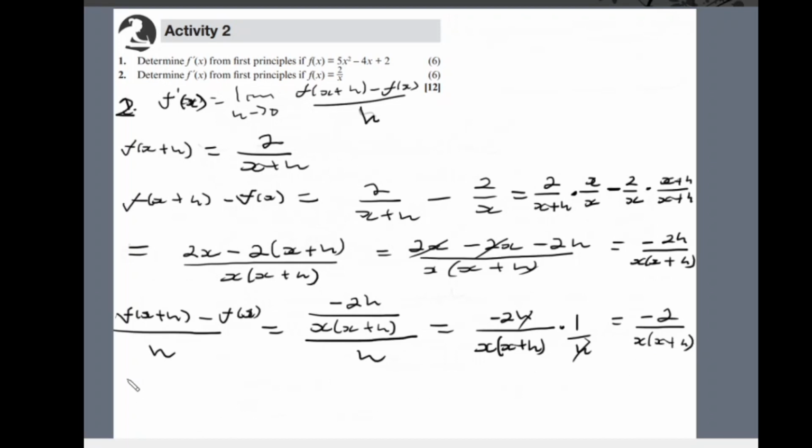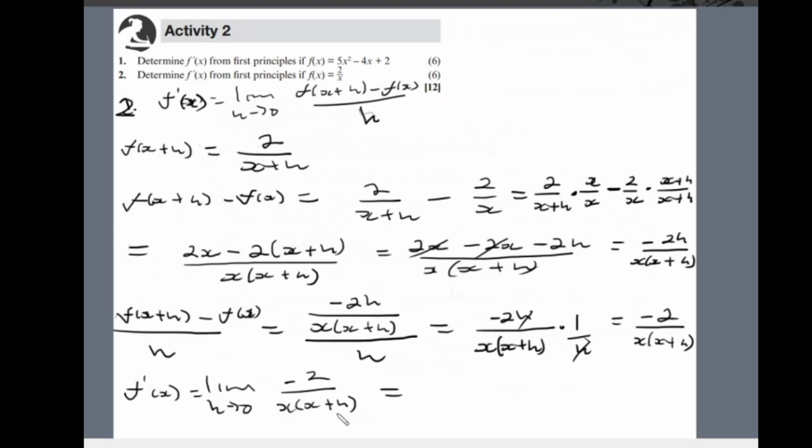So now we can go ahead and calculate our limit. So we'll have f prime of x to be the limit as h goes to 0 of minus 2 over x times (x plus h).